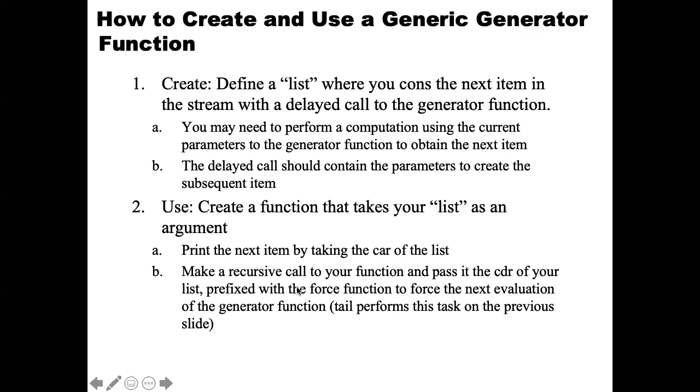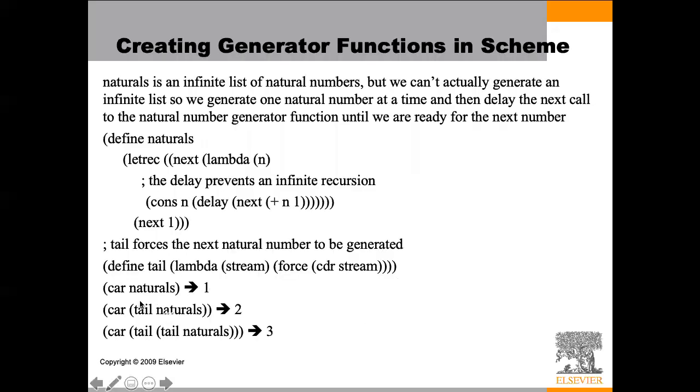You're going to pass it the cdr, which is the virtual list, and prefix it with the force function to force evaluation. So the tail function performs this task. It basically forces the evaluation of the cdr of a stream.